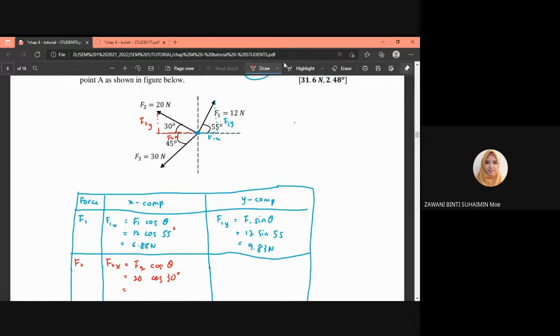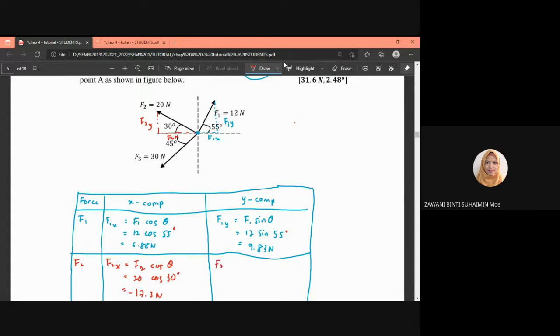Ada degree lupa. Saya tinggal degree tu. Okay, 20 darab cos 30. Saya dapat 17.3 Newton. Okay, so saya tengok F2X tu, okay, dia lebih ke arah kiri. So maksudnya dia adalah negatif. Okay, in terms of the X component lah.